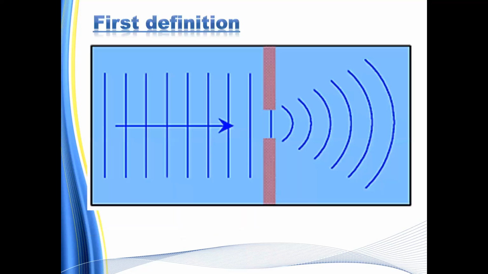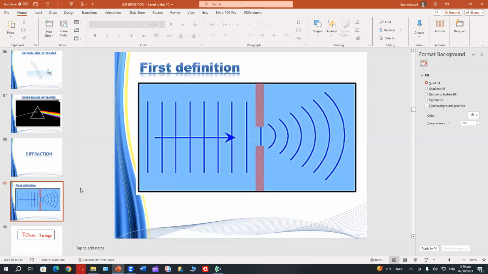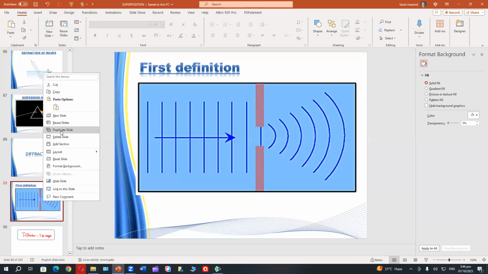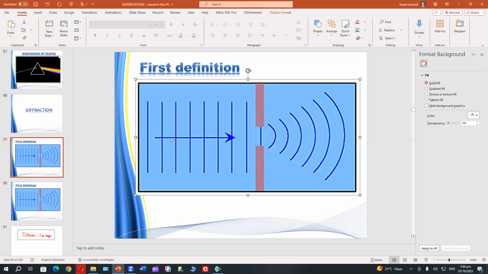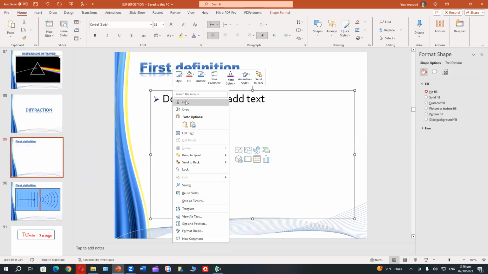Diffraction. What is diffraction? Okay, look at the diagram and give me the definition. What is diffraction? Diffraction is the bending of a wave.